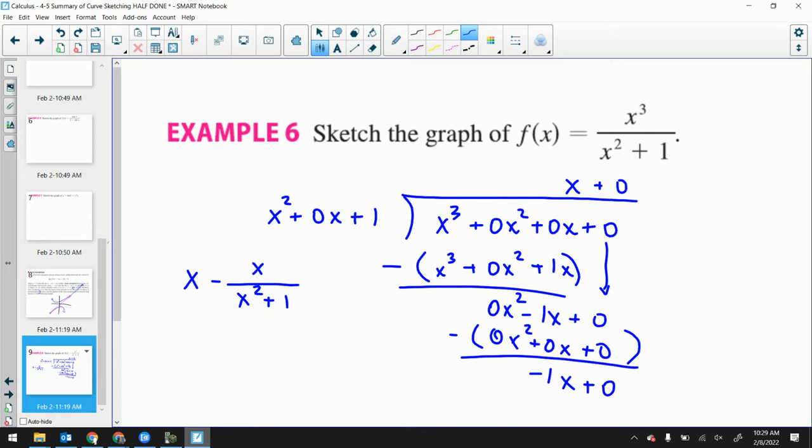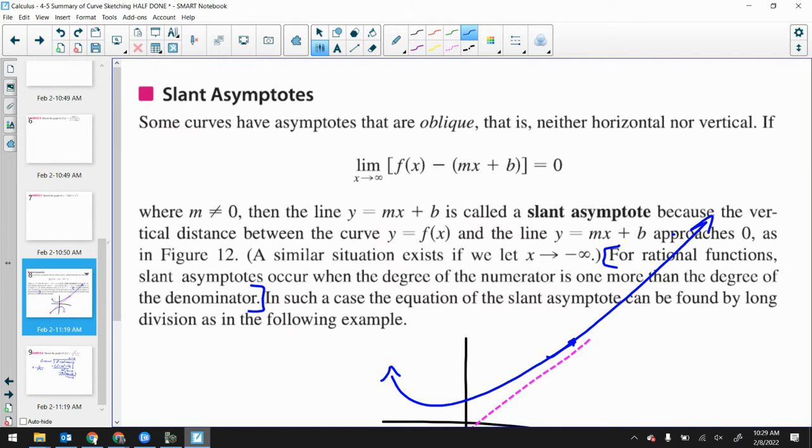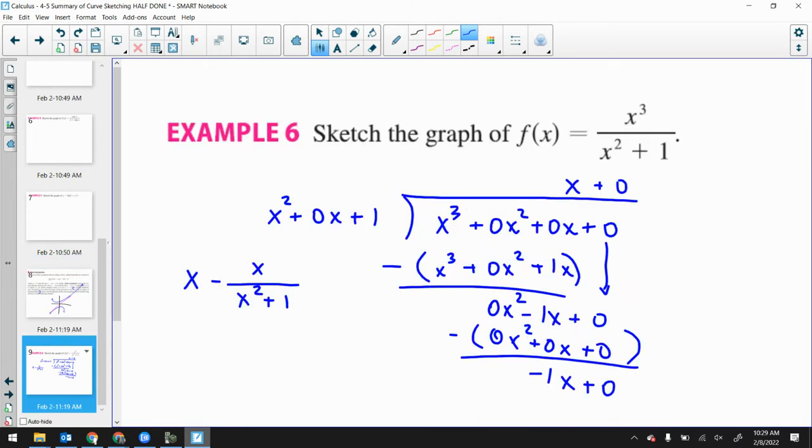Okay, now let me ask you something. This is the division with remainder, negative x over x squared plus 1. We just got done saying that in the long run, as I make x go to infinity, the difference is going to be going to 0. So we're not looking at this in the short term. We're looking at this in the long term.